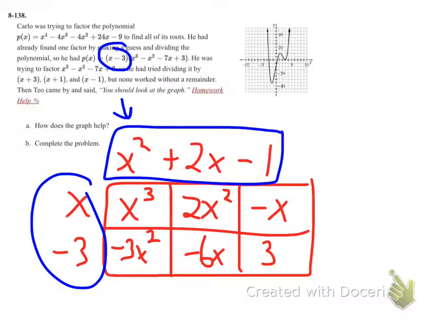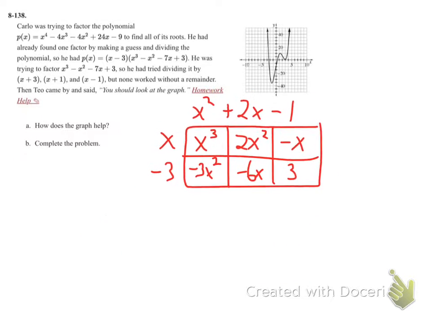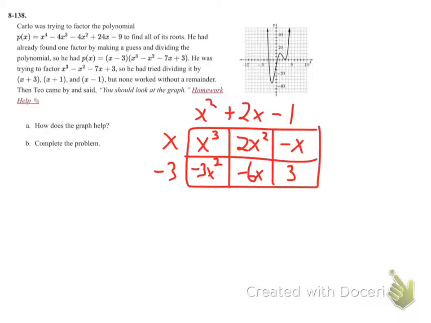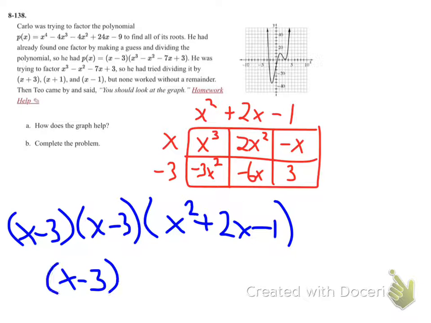So to complete this problem now, my factors are going to be, give myself a little bit of room here. My factors are going to be x minus 3 times x minus 3 times x squared plus 2x minus 1. Now you could write it as x minus 3 squared times x squared plus 2x minus 1.